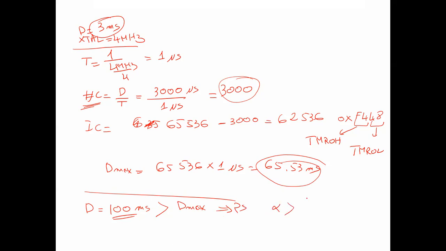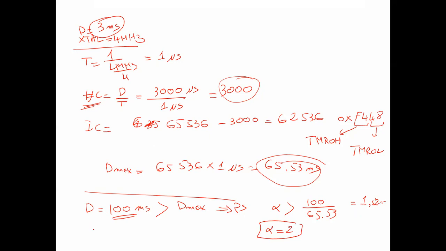Alpha should be greater than the delay, which is 100, divided by the delay max, which is 65.53. So 100 divided by 65.53 is 1.52. So what is the prescaler here? Alpha should be equal to 2.